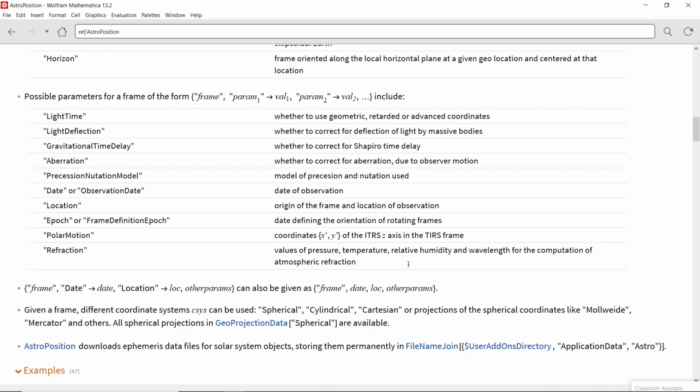Frame, date, location, and other parameters can also be given as frame, date, loc, other parameters.